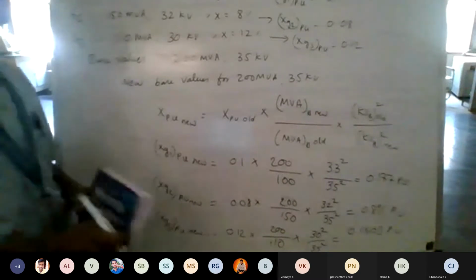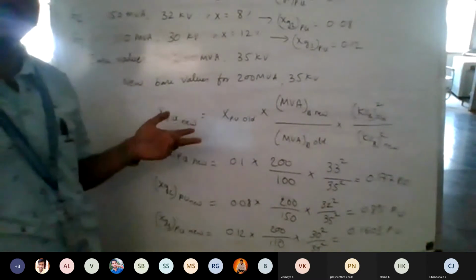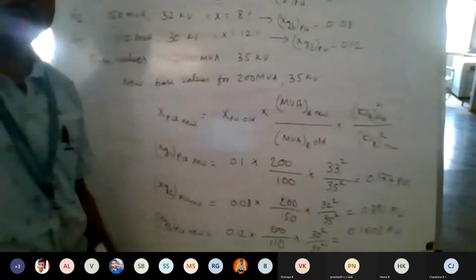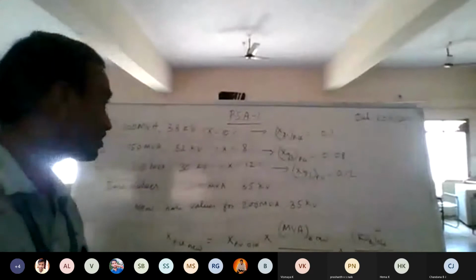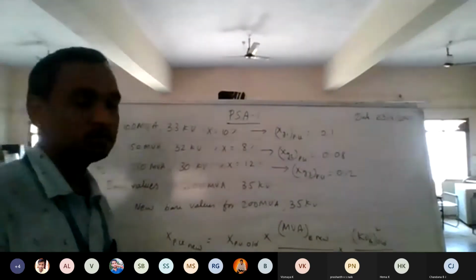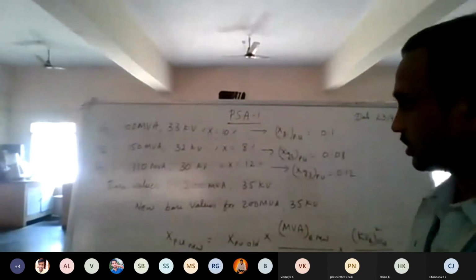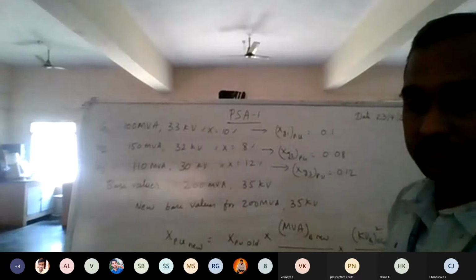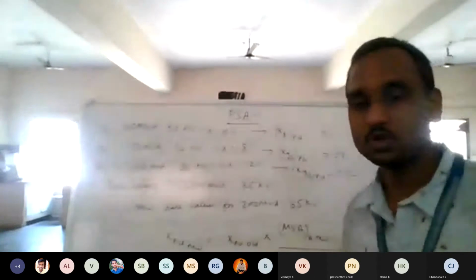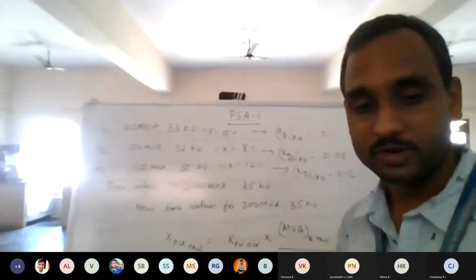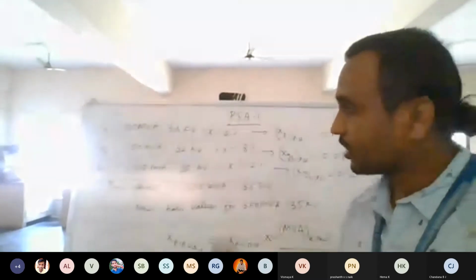Likewise, we need to calculate the problem. Today we have discussed two problems. One is on the tertiary winding transformer, that is, the three winding transformer, and another on conversion of old base value to the new base value. Whatever you have learned here, practice once again at home, otherwise it will be confusing. What is new base and what is old base? What is actual value? What is per unit value?